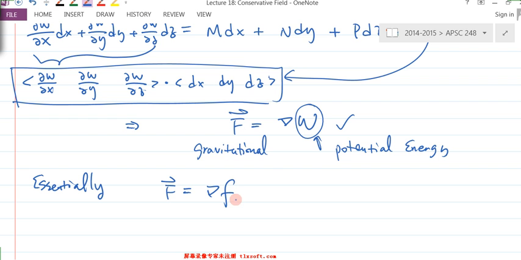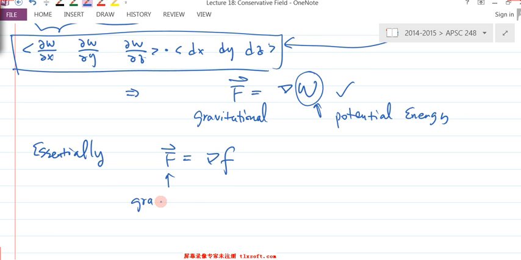Does that make sense? You can always create a vector field using a scalar function. How? By applying this gradient operation. So this one here, we can call a gradient field. It's a gradient field.